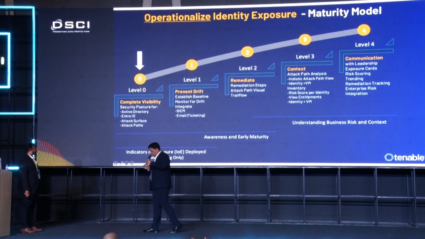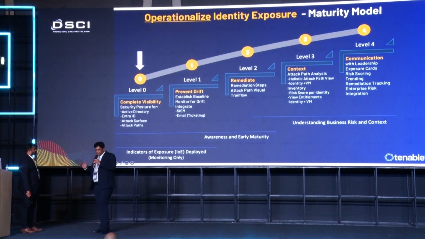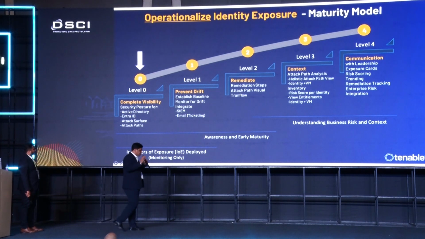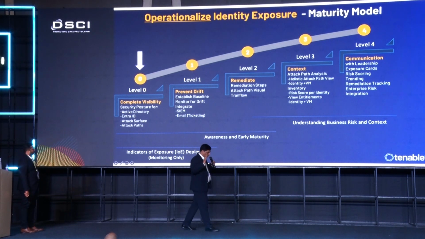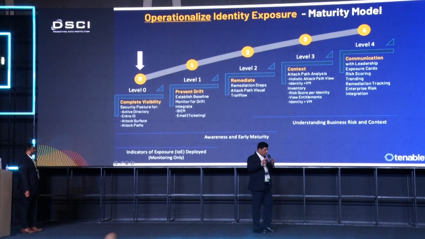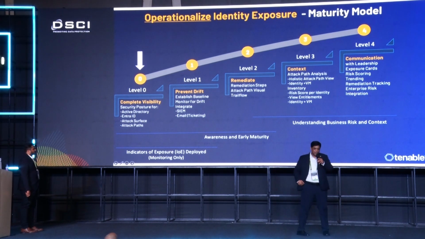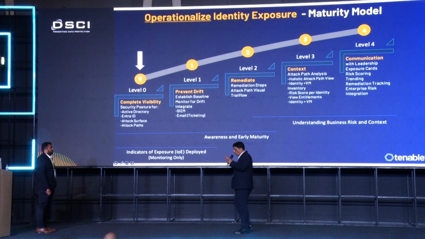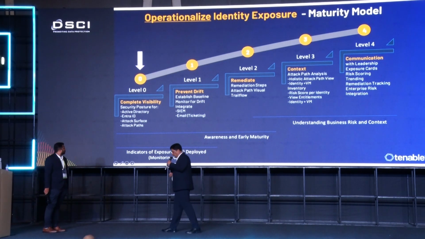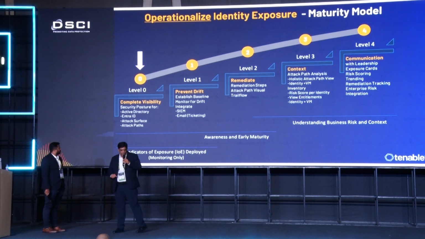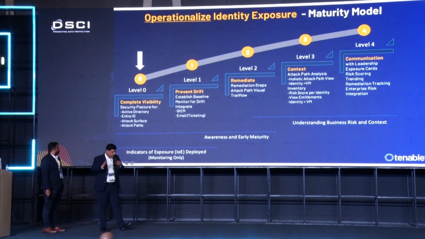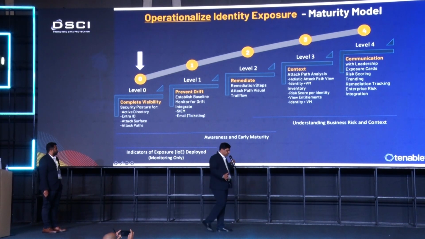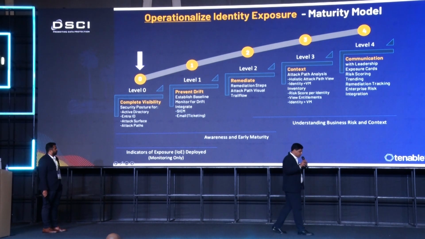It will help you understand all the configuration on the Active Directory, how secure those configurations are, what the hygiene looks like from the Active Directory perspective, and will give you all the misconfiguration information. We support on-prem and Entra ID Active Directory, so both identities are supported. It will give you the attack surface of your Active Directory and attack path analysis. So this is level 0.